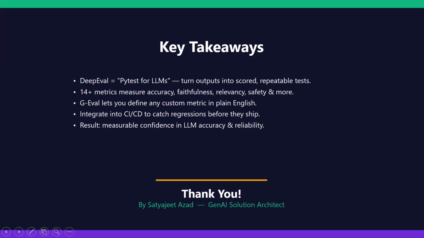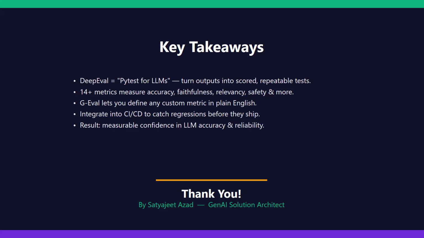The takeaway is again for DeepEval: there are 14 metrics that DeepEval can handle, apart from this, accuracy, faithfulness, relevancy, safety, and more, right? And there is something called GEval, which lets you define any custom metrics in plain English. You can also integrate DeepEval with CI/CD systems and have measurable output so that it's more reliable and accurate.